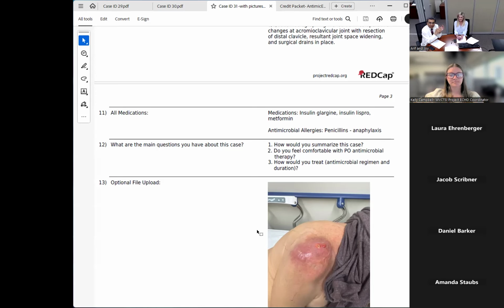Maybe pharmacy colleagues can chime in: for patients with what we suppose is a true penicillin anaphylaxis, what is your comfort level with using cephalosporins?